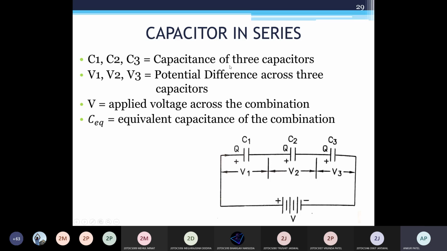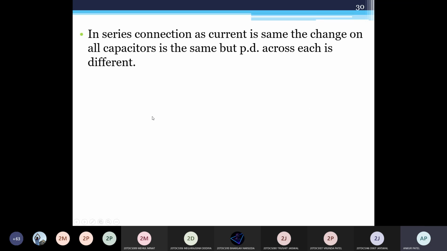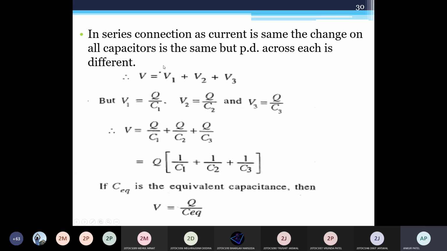C1, C2, C3 are the capacitances of the three capacitors, V1, V2, V3 the potential differences across them, V the applied voltage across the combination, and C the equivalent capacitance of the combination. So we know V equals V1 plus V2 plus V3, but according to Q equal to CV, we can write V1 is equal to Q by C1, V2 equal to Q by C2, and V3 equal to Q by C3.